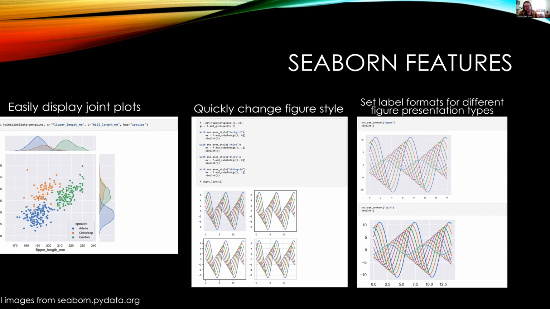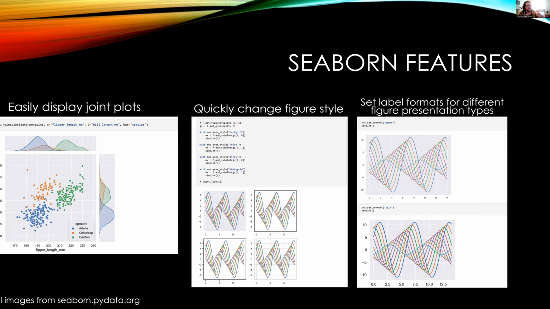One good thing about Seaborn is that if you're importing a pandas data frame, and we'll talk about that in a later workshop, if you import a pandas data frame, it treats it as one large object as opposed to a series of columns or rows that are independent of each other.